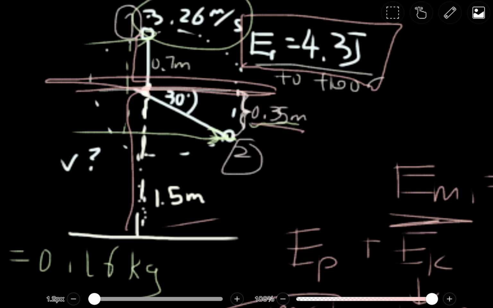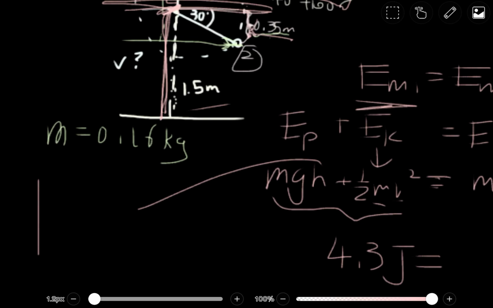So the height above the floor is going to be the distance from the center to the floor minus that drop. Since we're looking for the height from where the pendulum is to the imaginary center of the circle, that is 0.35.